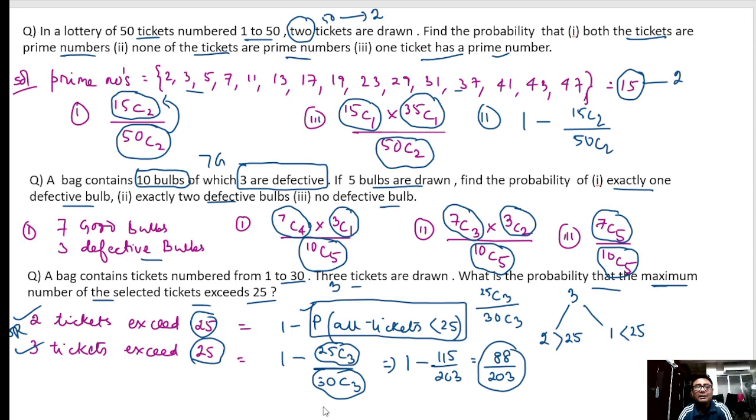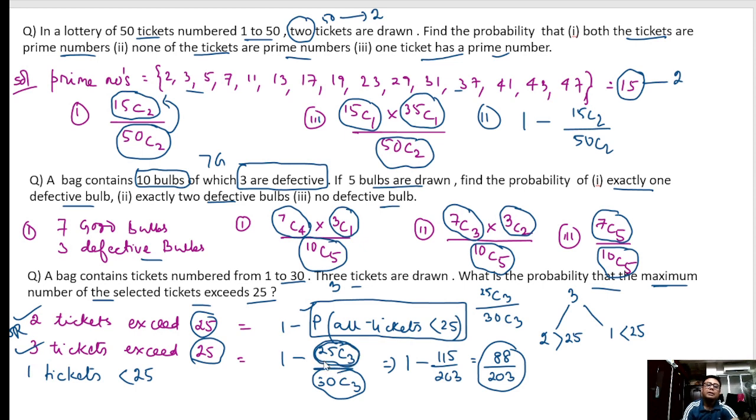All the tickets are exceeding 25. That means if I can find out the number of tickets which are 1 ticket less than 25, it will give me 2 tickets more than 25 or 3 tickets more than 25. So this is the way.